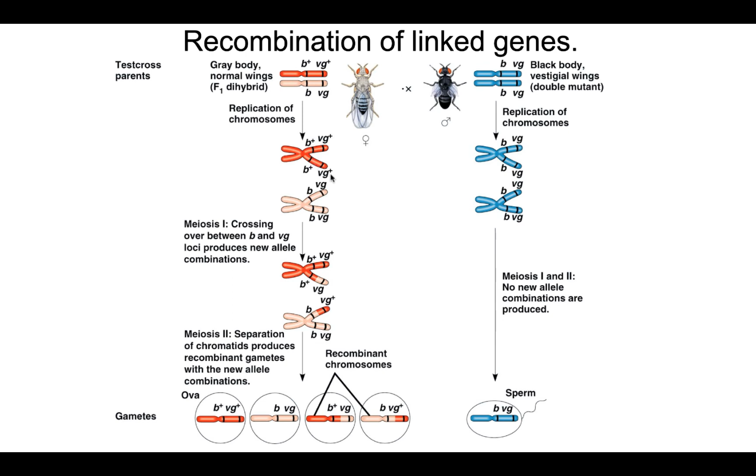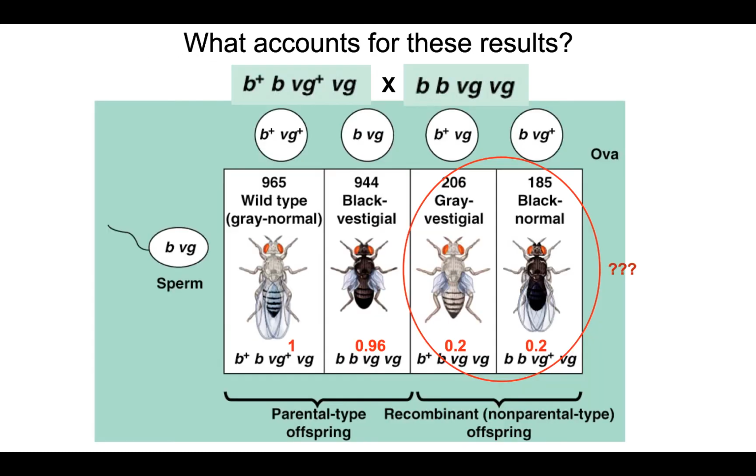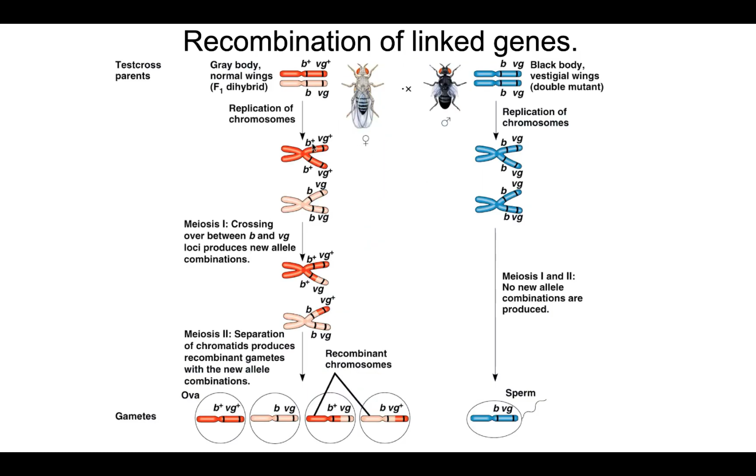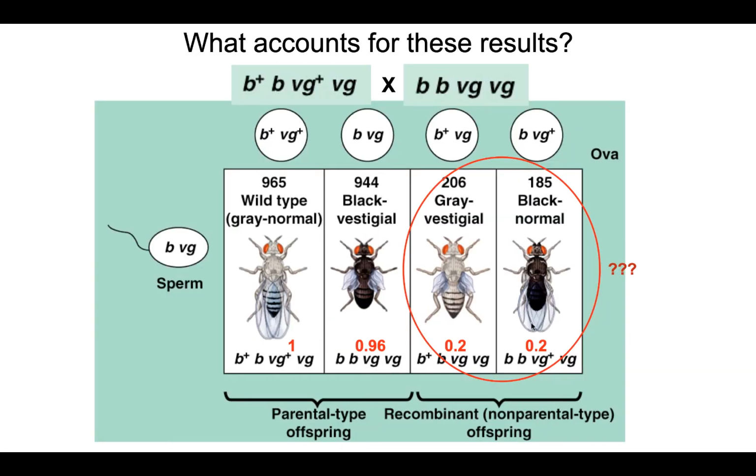The farther apart they are on the chromosome, the more likely a crossing over event will occur between the two of them, and the more often you will see this recombination occur, and therefore the higher number of recombinant offspring you will see. The closer the two genes are to each other, the less frequently you will see crossing over occur, the less frequently you will see these types of eggs, and the less frequently you will see these types of recombinant offspring coming about.